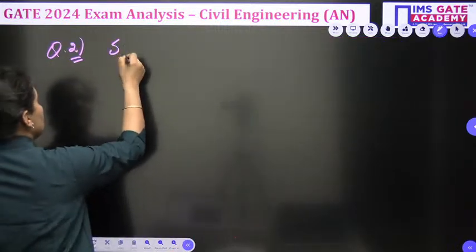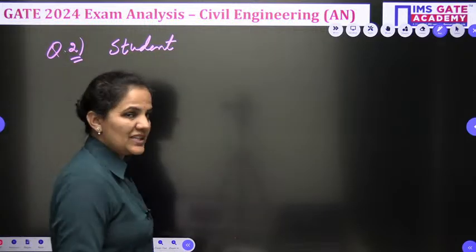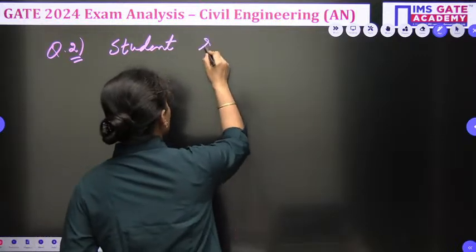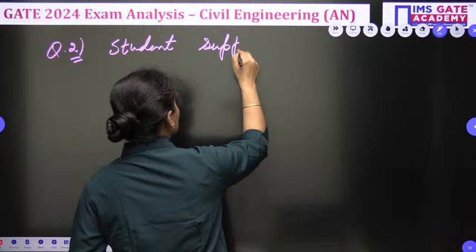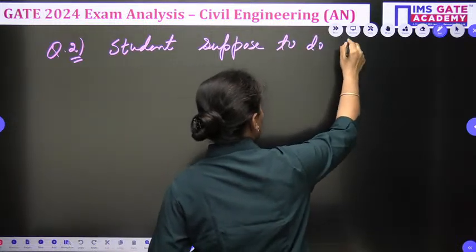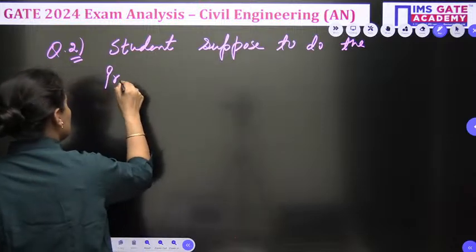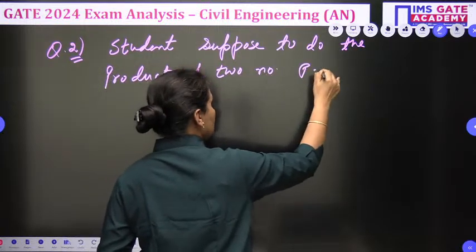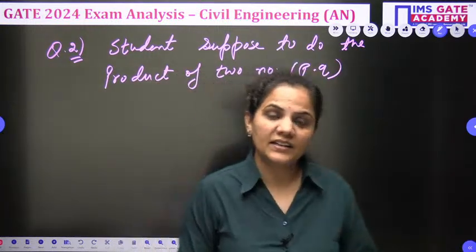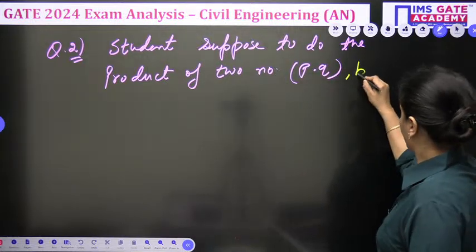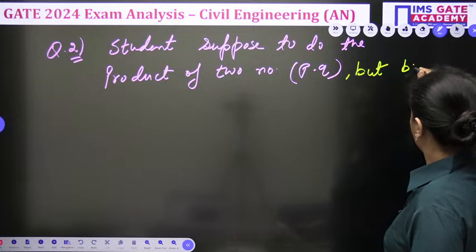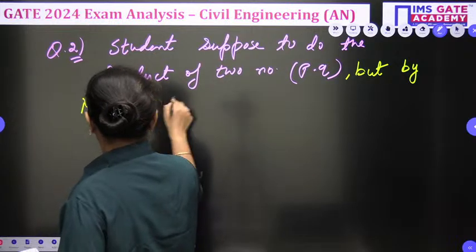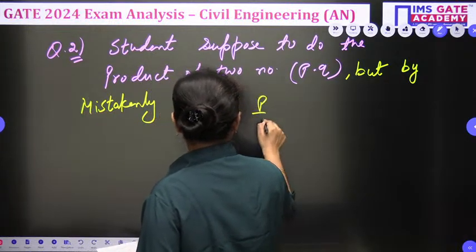So next: the student was supposed to do the product of two numbers P and Q, that is P into Q, but by mistake the student did P by Q, which means divide.